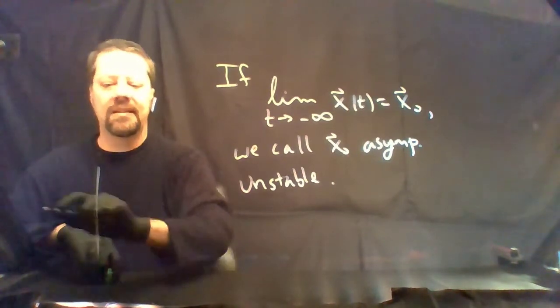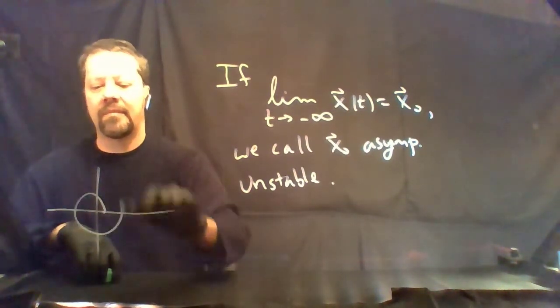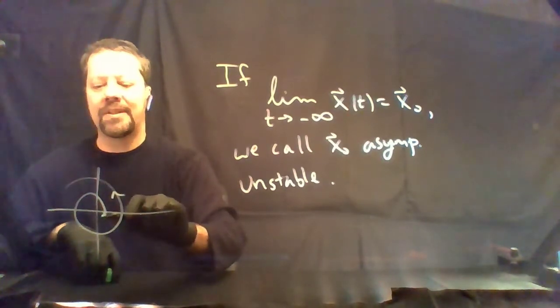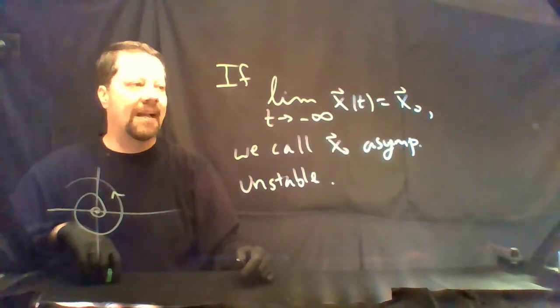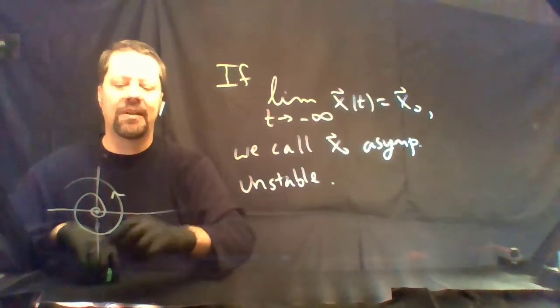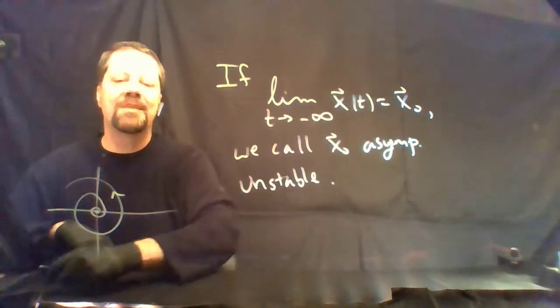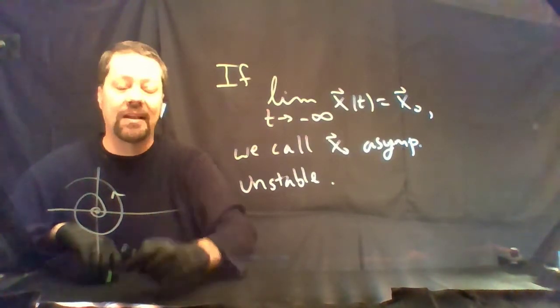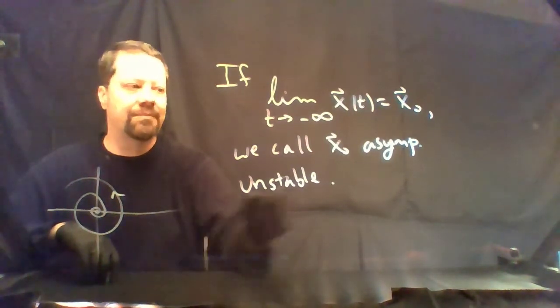In this case, as you go backwards in time, here's forwards in time, if you go backwards in time as t goes to minus infinity, you end up back at the equilibrium point. So this is an example of something that is asymptotically unstable. You can see that spiral sources as well as sources are asymptotically unstable.